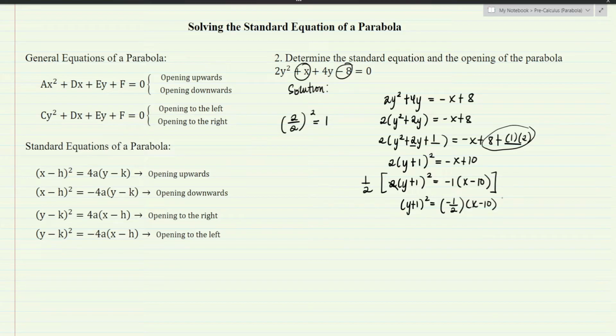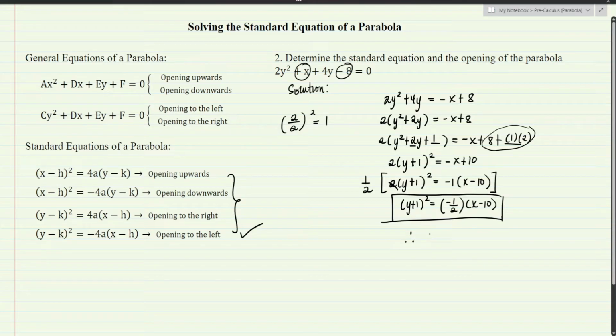So this is now my standard equation. And by comparing this standard equation with the equations here, it is similar to this last equation. So it means the opening of this parabola is to the left. Let's now proceed to problem number 3.